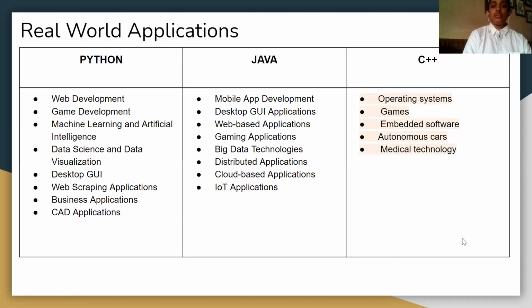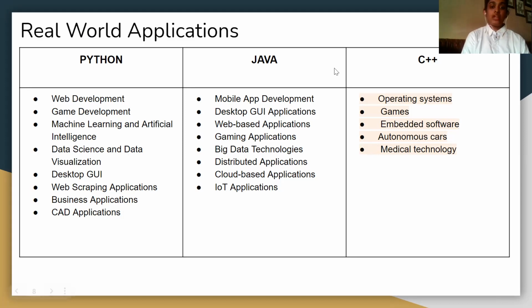Next, real-world applications. Let's start with Python. It is used in web development, game development, machine learning and artificial intelligence, data science, data visualization, desktop GUI, web scraping applications, business applications, and CAD applications.